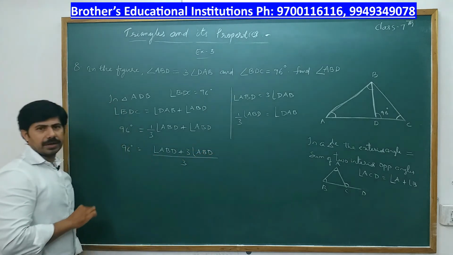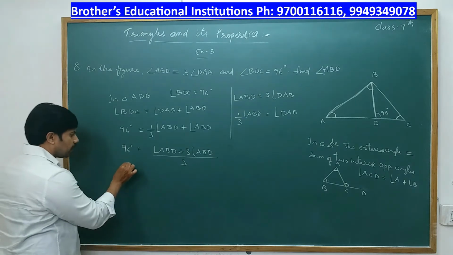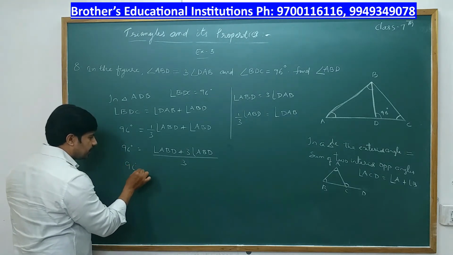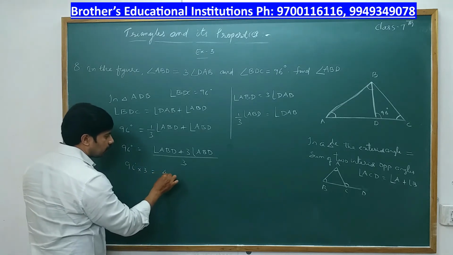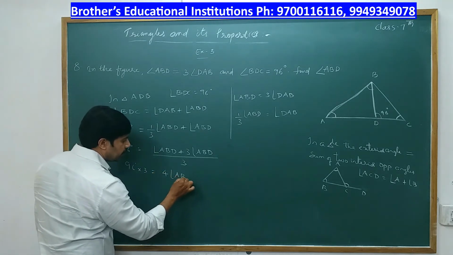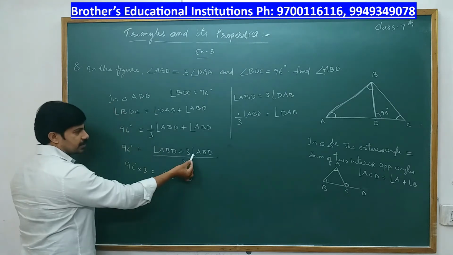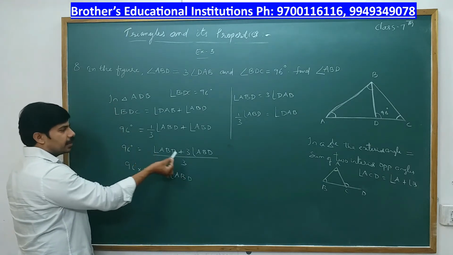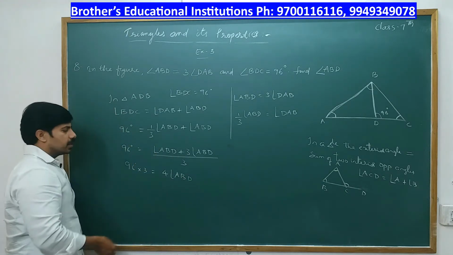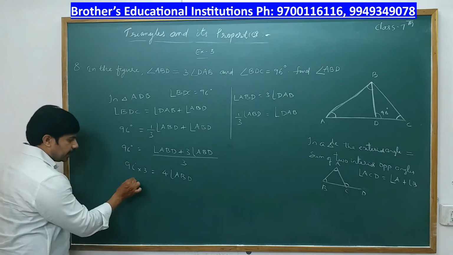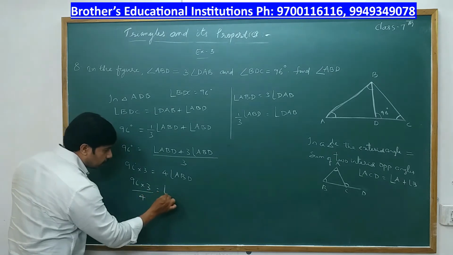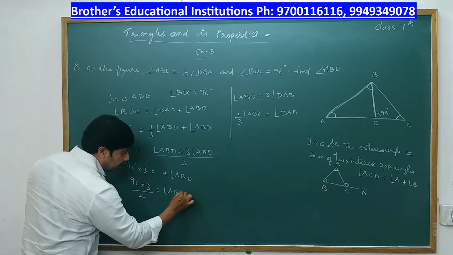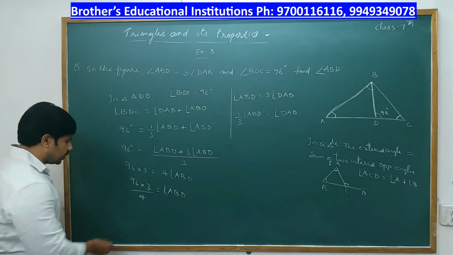Then 96 degrees into 3 is equal to 4 times angle ABD. How did we get 4 times? This is 3 ABD and this is 1 ABD; 3 plus 1 is 4 ABD. So 96 into 3 by 4 is equal to angle ABD.